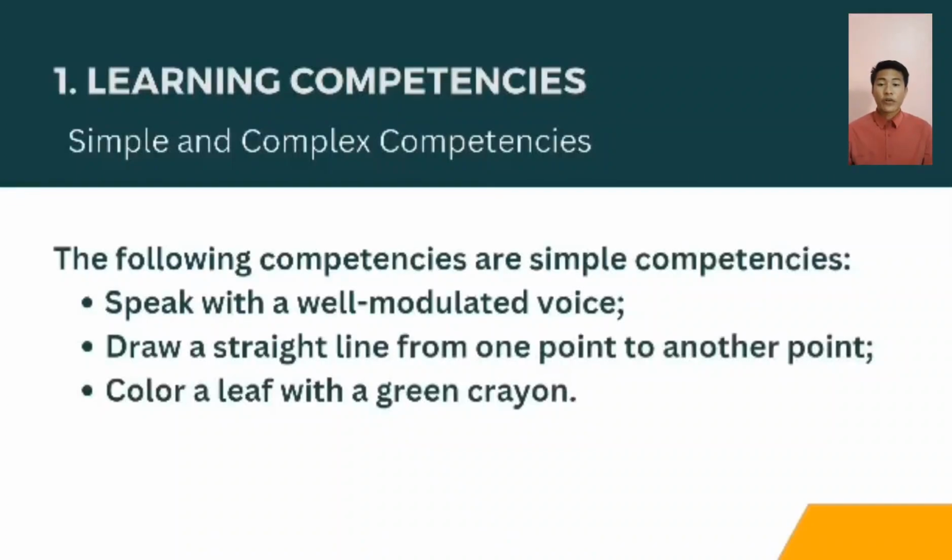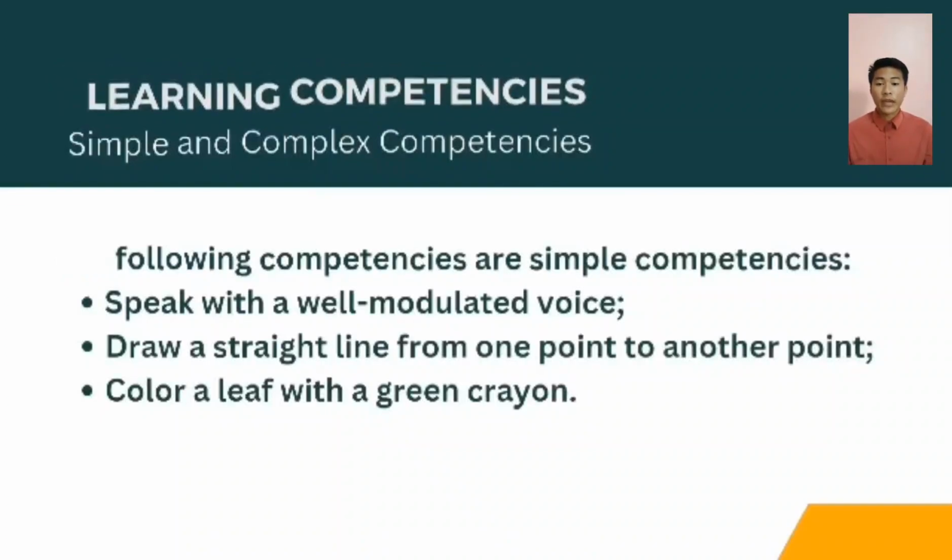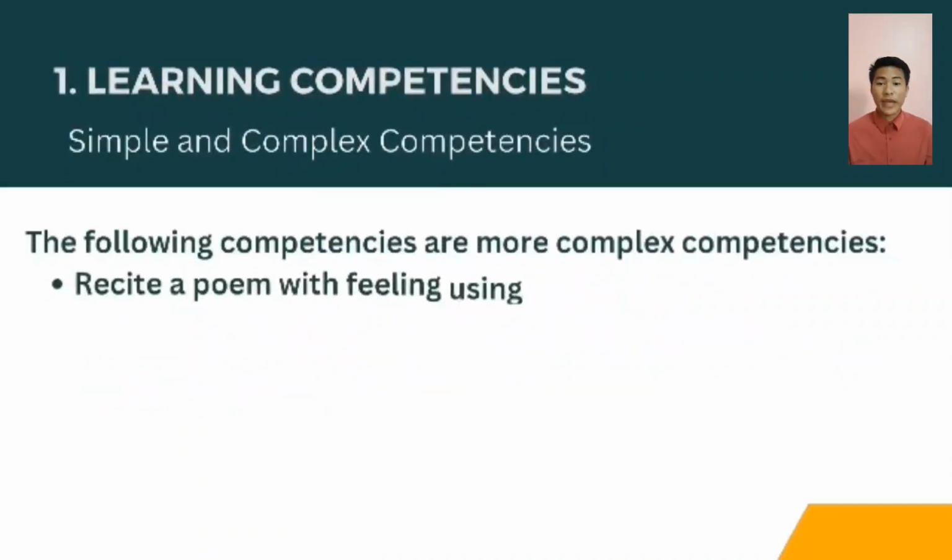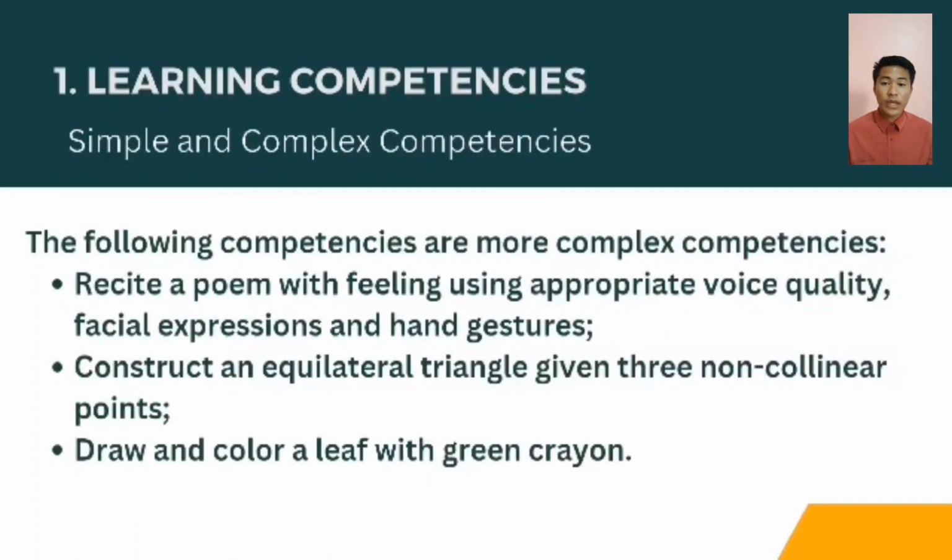And in terms of complex observable behavior or complex competencies, we have: recite a poem with feeling using appropriate voice quality, facial expressions, and hand gestures; construct an equilateral triangle given three non-collinear points; and draw and color a leaf with a green crayon.